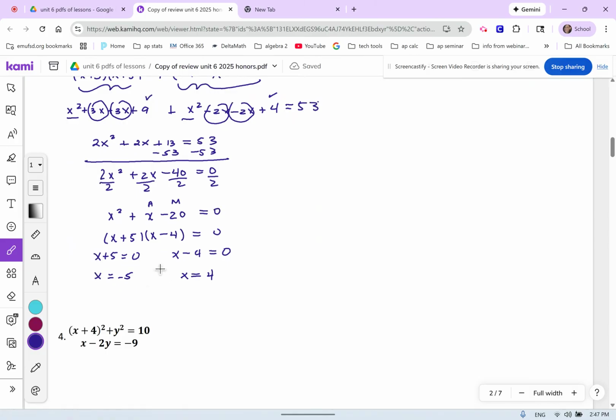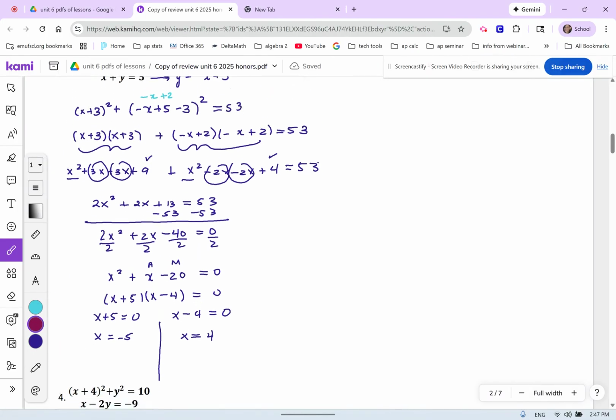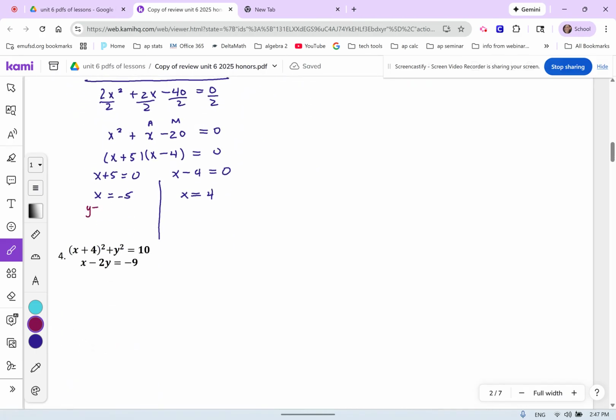And so to find the corresponding y values, I'm going to take this second equation, the -x plus 5, and I'm going to substitute in, and here I get a positive 10. So I know one solution is -5, positive 10, and now I want to get the next one.